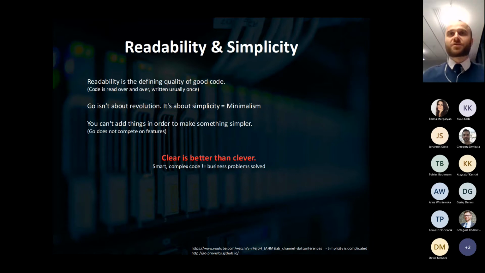It has simple constructs, but they're covering all necessary functionalities. So I think it's good. It's also worth mentioning you can remove things in order to make something simpler. And yeah, clear is better than clever, especially in software development. I think it's very true.